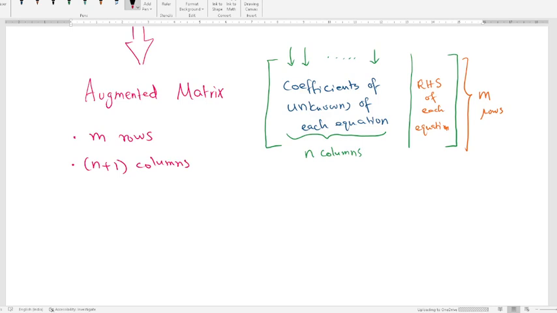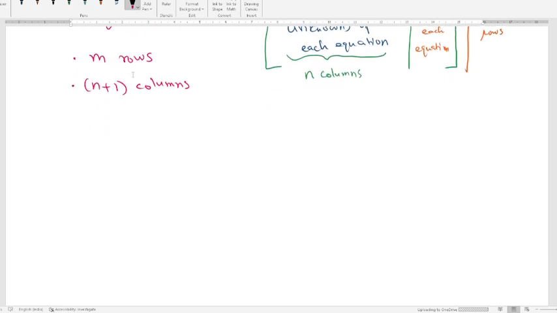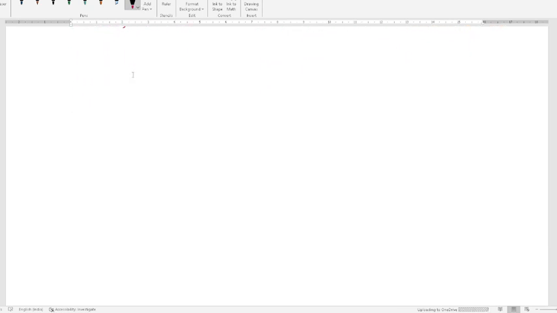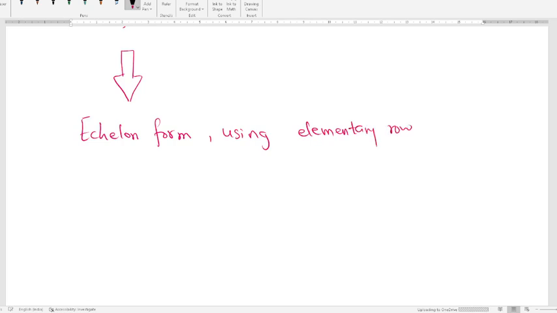Okay. Now, having said that, let's move on to a few more procedures to solve this particular linear system of equations. What we have studied till now is that from the augmented matrix, we have tried to convert it into an echelon form. And how did we convert this into an echelon form? By using elementary row transformations.